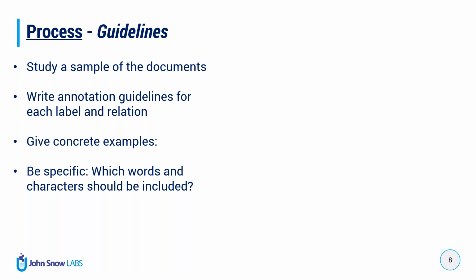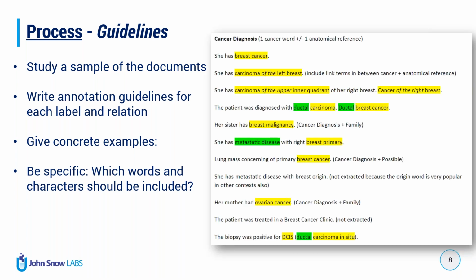Be very specific, mathematically specific. I will give you an example from one of our projects, where we wanted to extract cancer diagnosis. We decided that for the cancer label, we want to extract a cancer word and at most an anatomical reference.